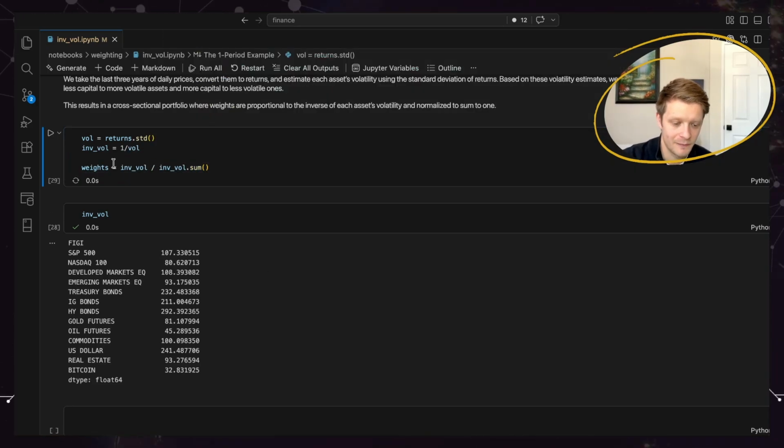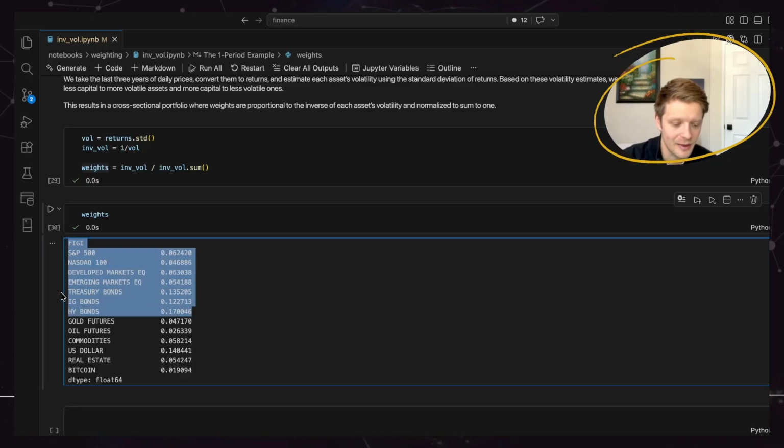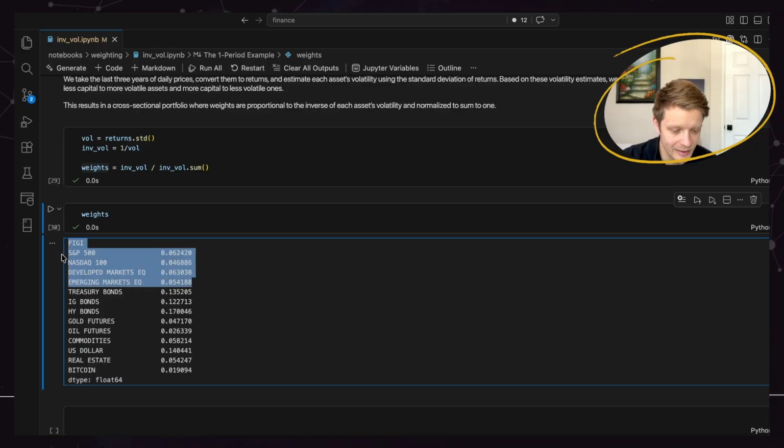If we run that and look at our weights, we can now see the weights per asset in data frame form. And our intuition that we had earlier was correct. We can see that bonds have a higher weight of like 13 to 17%. The dollar by itself has a high weight, as a relatively stable asset, compared to all our equity indices that mainly lie between 4 to 6%.